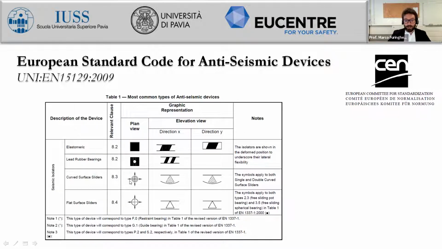You see there are two arrows, double arrows, which suggest that actually it is a bidirectional device. So all the plane horizontal motions can be bidirectional actually. And we notice that it is a curved surface slider because also there is this symbol, so the curved surface for the isolation bearing.